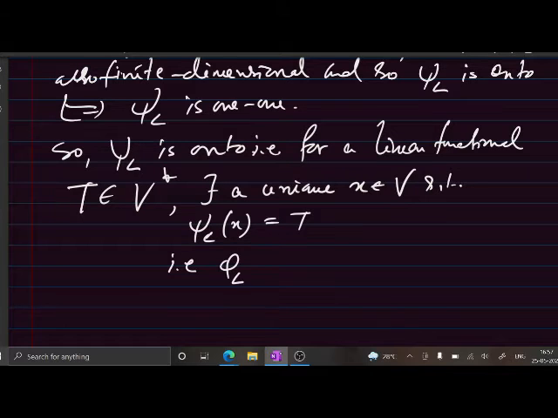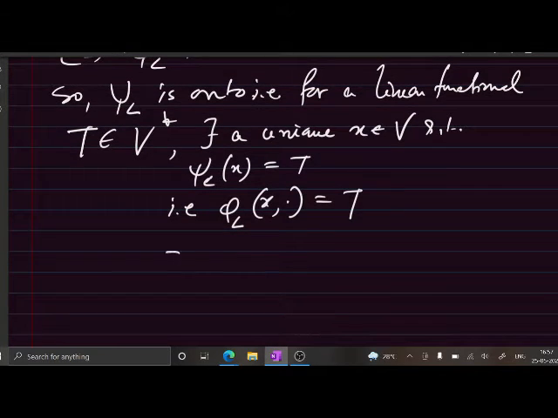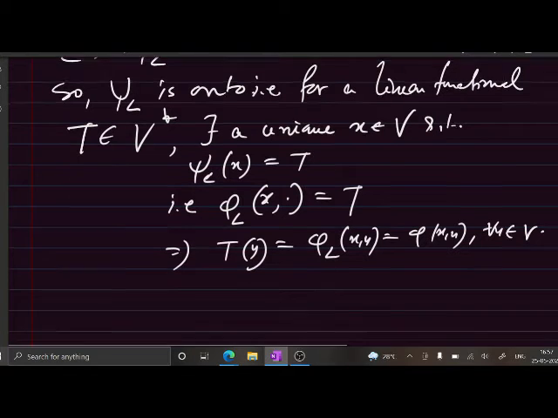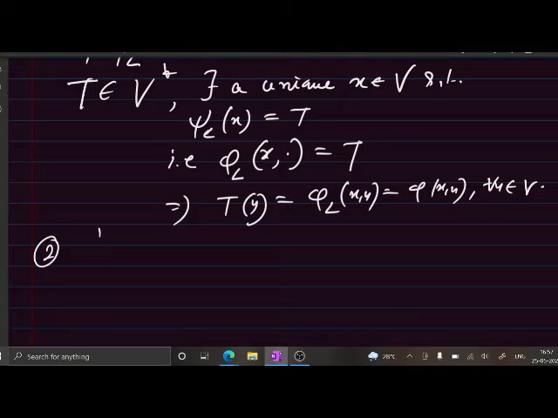Psi L x is phi x comma dot, which is T. So T y is phi x y for all y belongs to V. So this proves our first result, and similarly we can take care of the second one also by applying the same arguments, just considering the right radical.